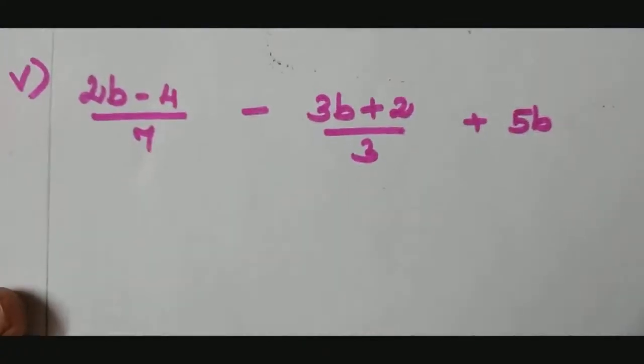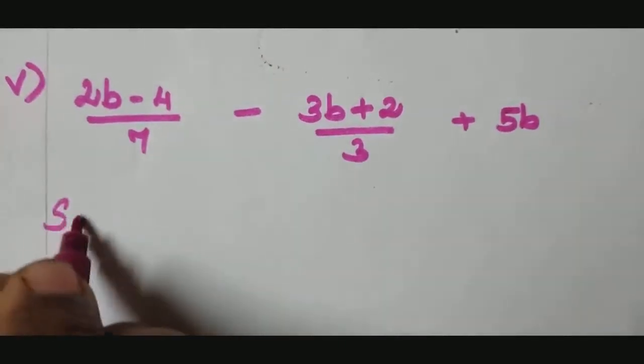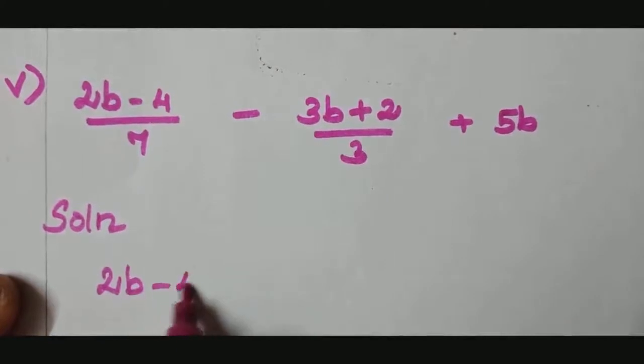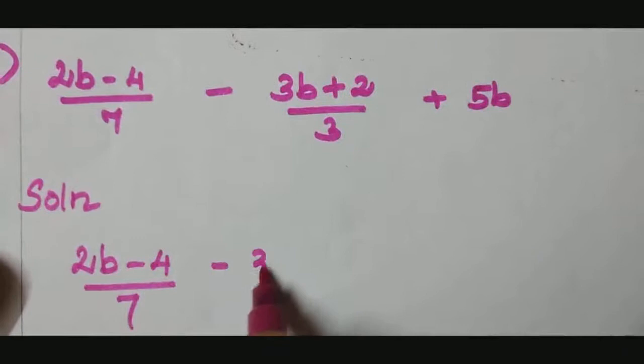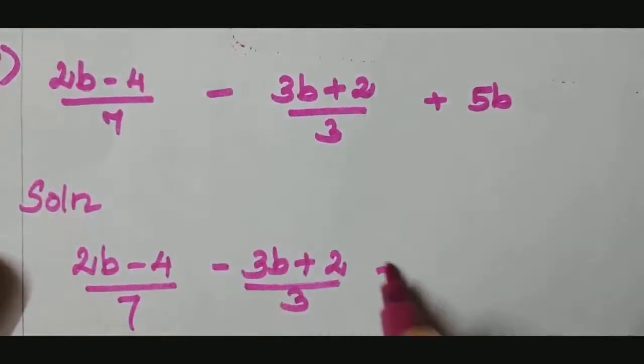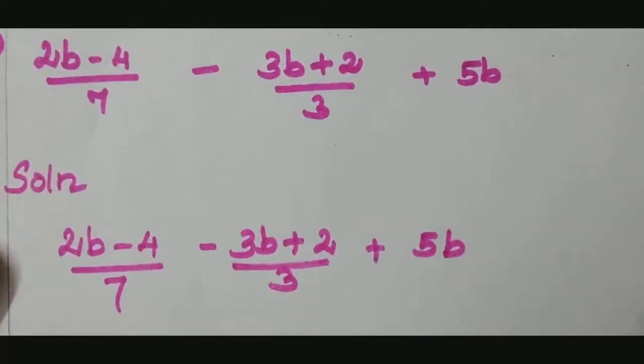Question: (2b − 4)/7 − (3b + 2)/3 + 5b. How do we solve this one? The first term is (2b − 4)/7, minus (3b + 2)/3, plus 5b.